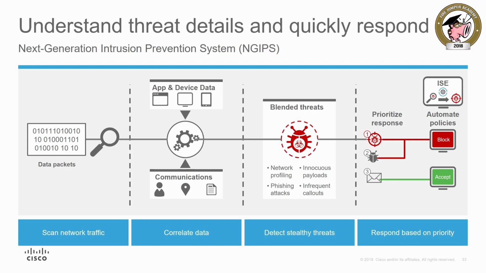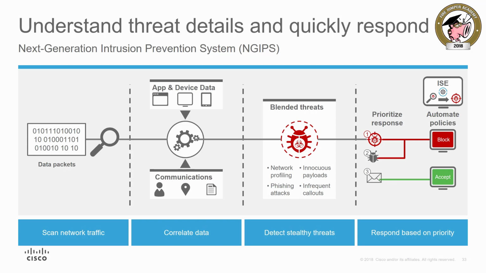The multi-vector correlation feature helps address sophisticated blended threats that combine various evasive methods such as phishing emails, innocuous payloads, stealthy network profiling, infrequent callouts, etc. It enables easier and earlier identification of infected hosts by correlating and tabulating suspect behaviors across the varied attack planes and integrating network and file level activity.